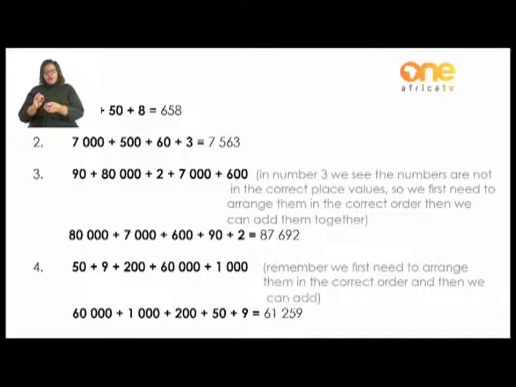We will get 60,000 plus 1,000 plus 200 plus 50 plus 9. And if we add it together, that gives us 61,259.